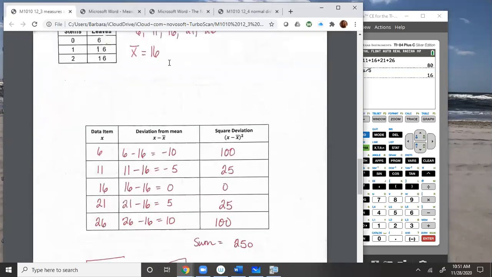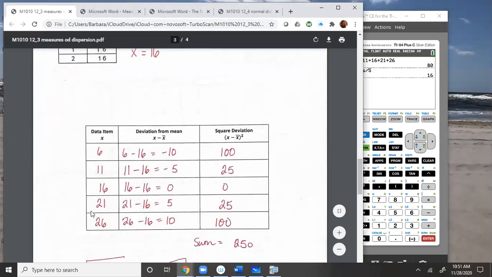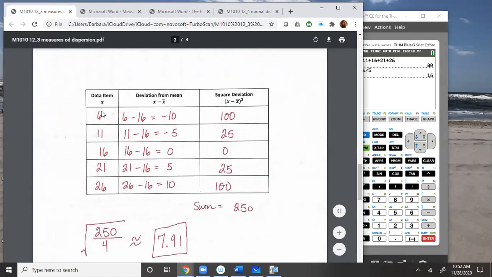Now we're going to create our table with the x scores, the difference, x minus x bar in the second column, and the third column is squaring those differences. All right, so we've got all of our data here in the first column, and then we're going to subtract the mean from each data point.